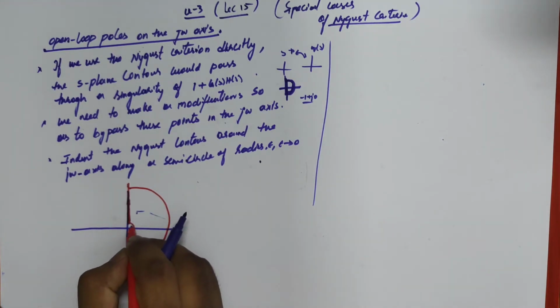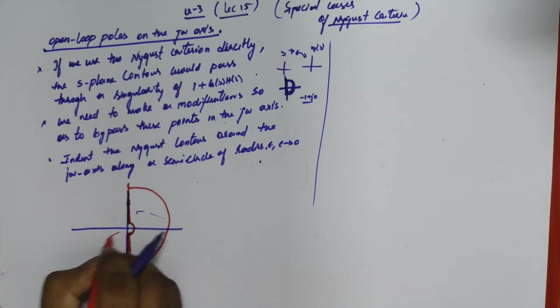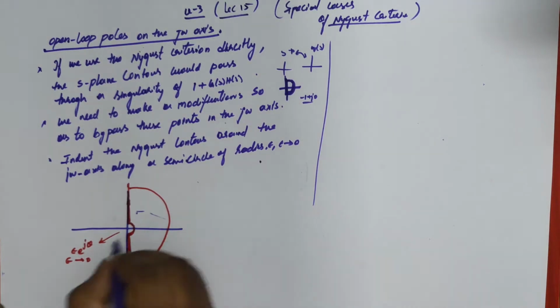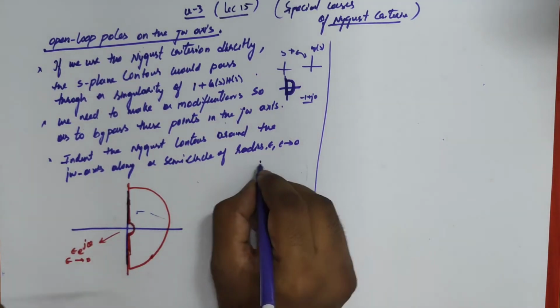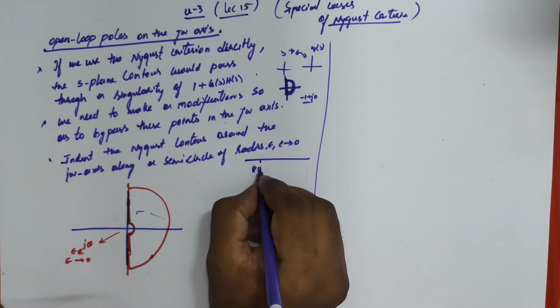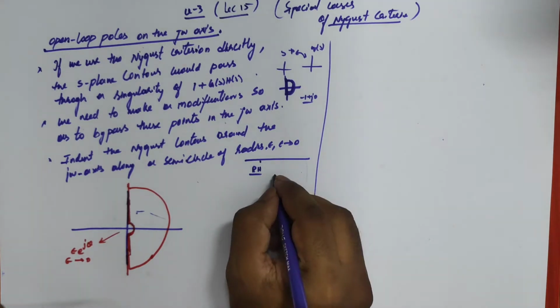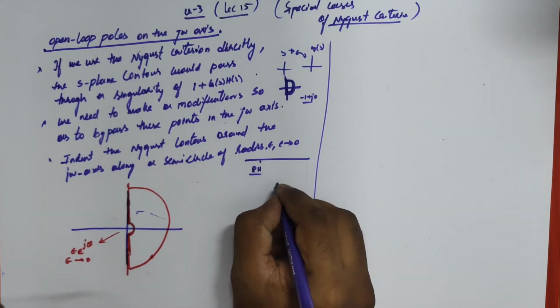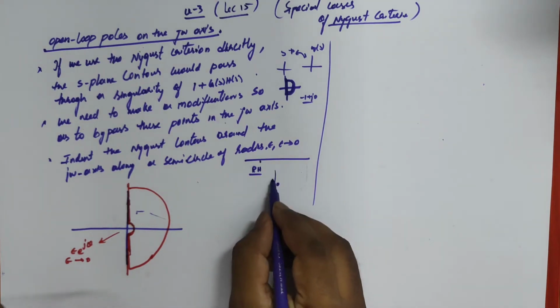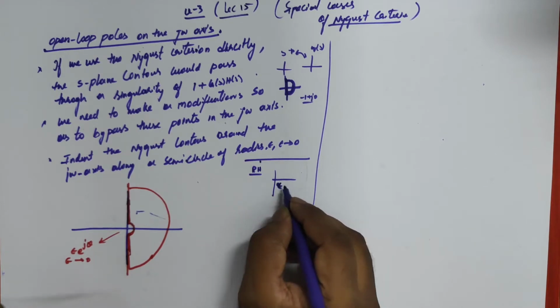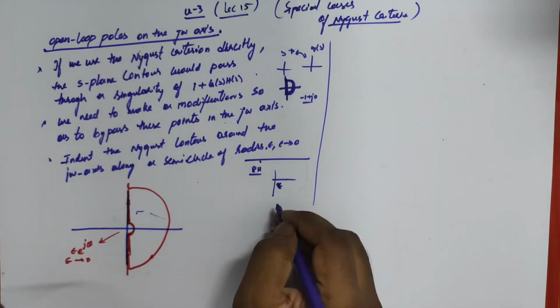I'm naming this semicircle. The semicircle is given by epsilon naught e power j theta, where epsilon naught tends to 0. Why did I take epsilon naught as an assumption? In the RH criteria, you have noted that when one of the columns got 0, I took an epsilon naught value and continued the row with epsilon naught tending to 0.